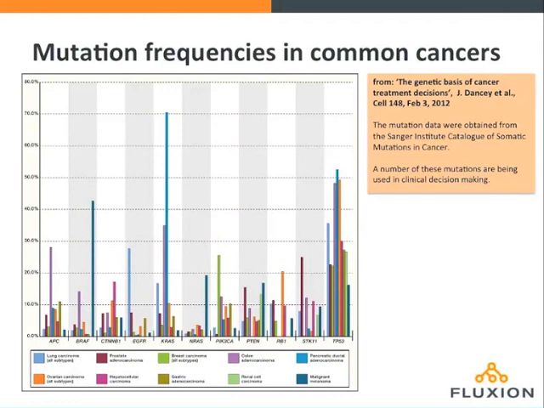Now, focusing in on mutations in cancer, there are a number of genes that are well known to be associated with the development of the disease. Here's a list of some of them, along with the frequencies for the different indications. I should point out that all of these genes are possible to interrogate using the workflow that we've developed.